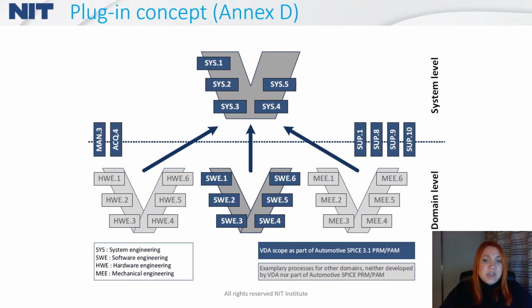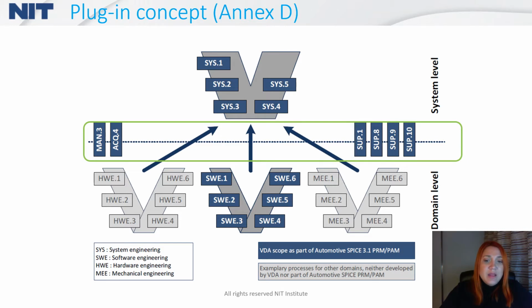Processes such as management processes and supporting processes are domain independent and designed in a way that they shall be applied to both the system level and the domain levels. The top level comprises all system engineering processes organized in the system way.